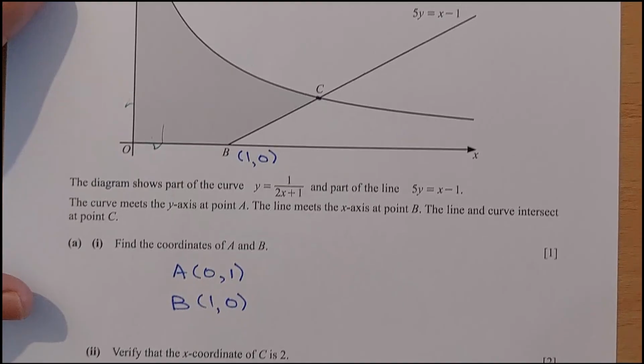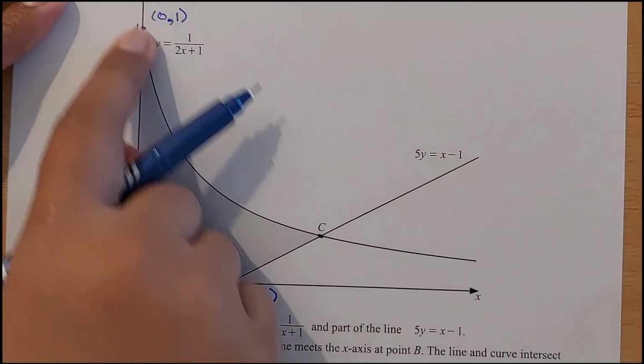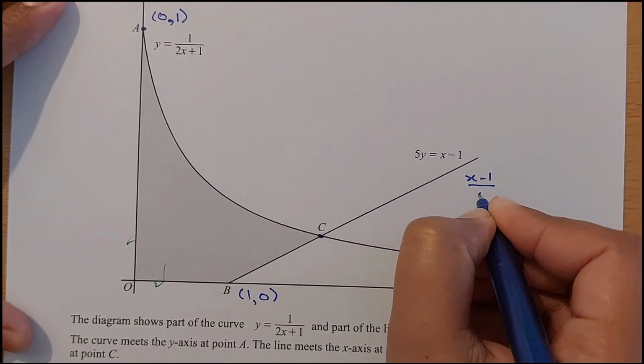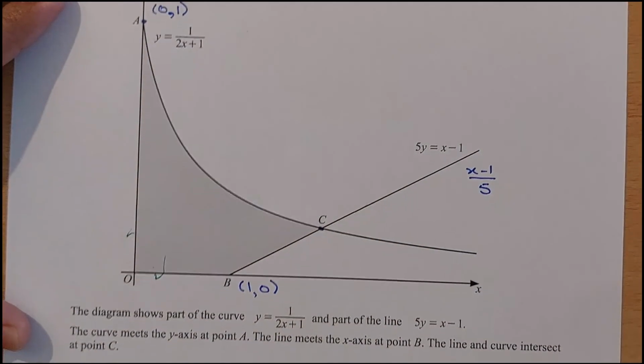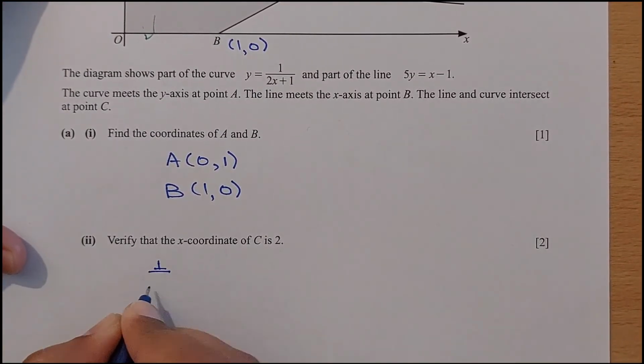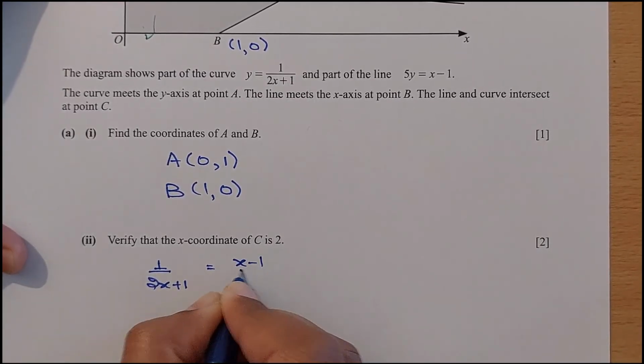As we know, C is the point where the curve and the line intersect. Let me solve for y from here, that is x minus 1 by 5. So just compare the two values for y and solve for x. We have 1 over 2x plus 1 equals x minus 1 by 5.